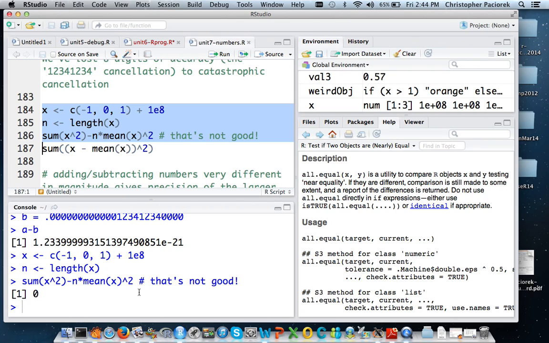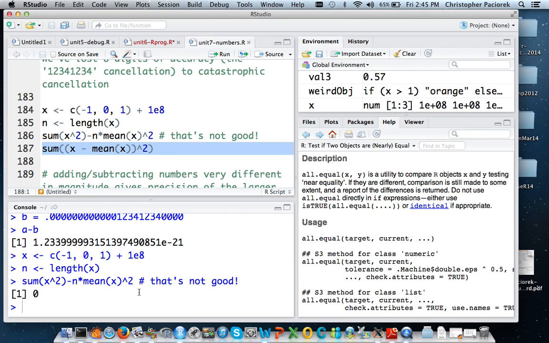Okay, so I've obviously made a very large error in terms of what my sum of squares is, and you can sort of see where it's coming from. Well, I'm subtracting 2 numbers where I'm trying to find a very small difference between 2 numbers that are very large in magnitude. So there's been a bunch of catastrophic cancellation going on in this subtraction. So much catastrophic cancellation that I'm basically getting back an answer that is garbage.